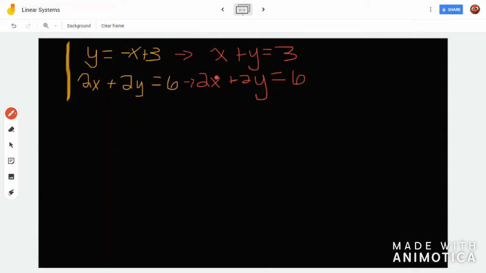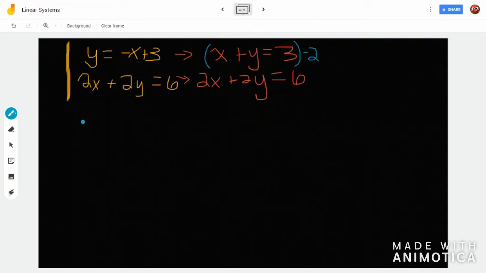If I want x to cancel, I'm going to have to multiply this by negative 2. If I want y to cancel, I'm going to have to multiply it by negative 2. So let's just multiply this guy by negative 2. We'll do that work in blue. Multiply by negative 2. And then, of course, we are multiplying the entire cookie recipe by negative 2.